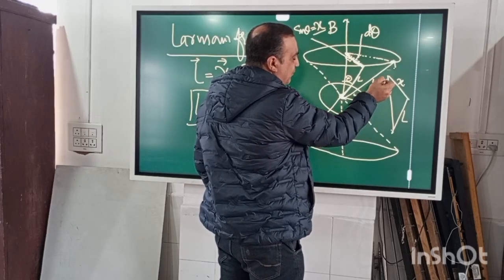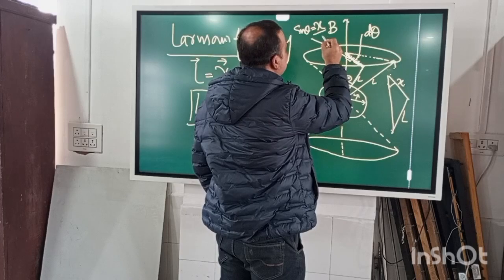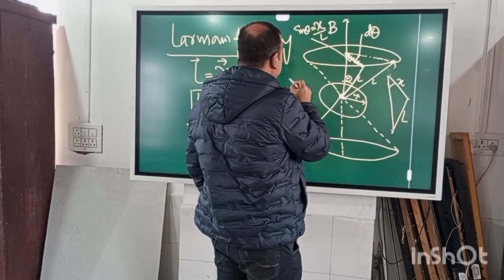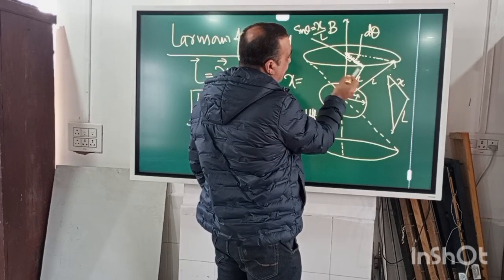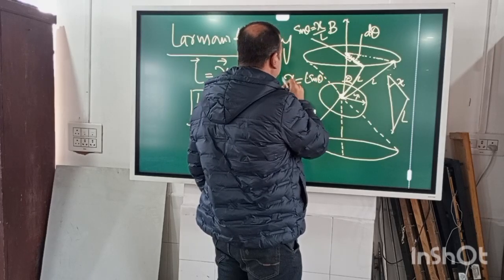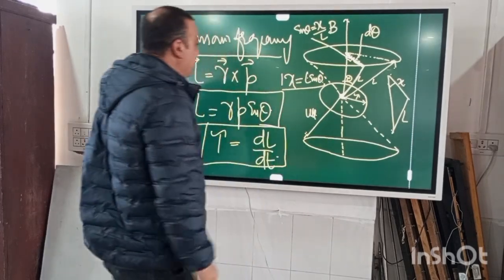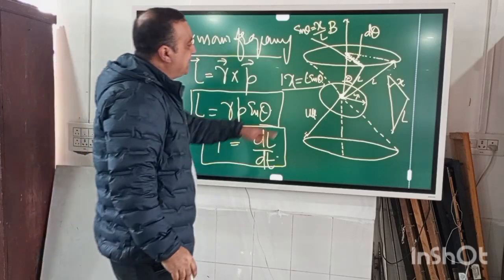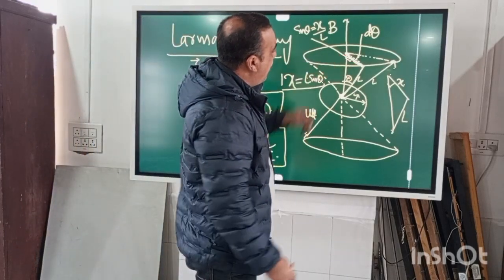The hypotenuse is always opposite to the 90 degrees, so this has to be L. So x, the length of this vector, is L sine theta.